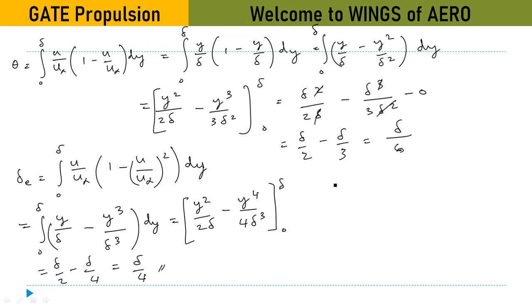Similarly, you can also find it for this: the velocity distribution in a boundary layer is given by u by u infinity equals y by del to the power 1 by 7.